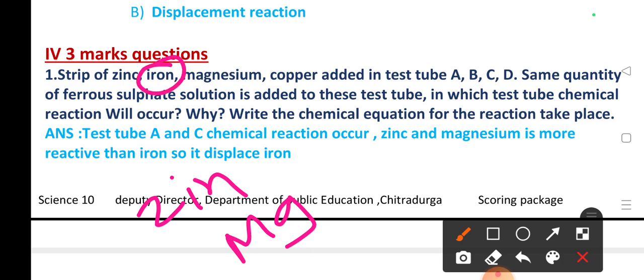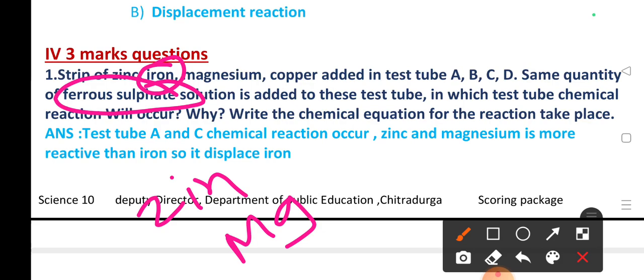And which solution did we take here? Ferrous sulfate solution means iron sulfate solution only. Copper will not react because copper is less reactive than iron, so it does not displace the iron. And iron will not displace iron because the reactivity is the same.